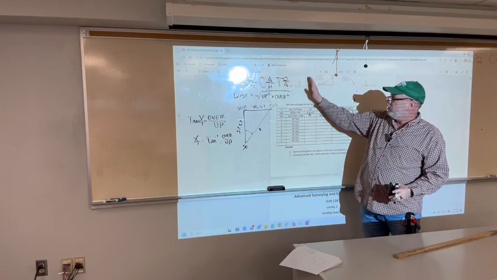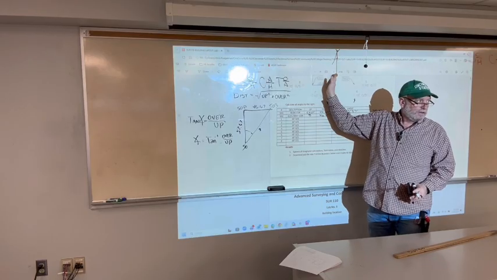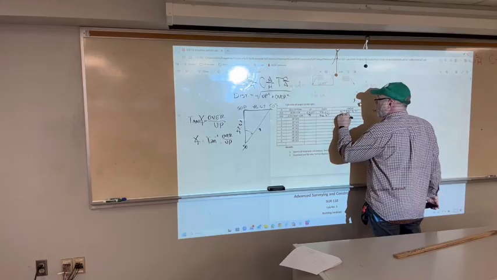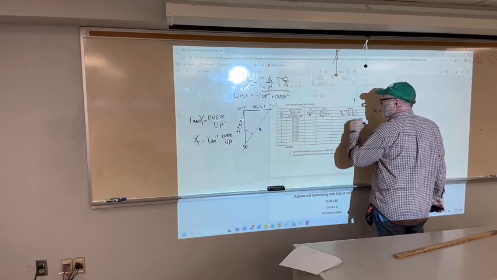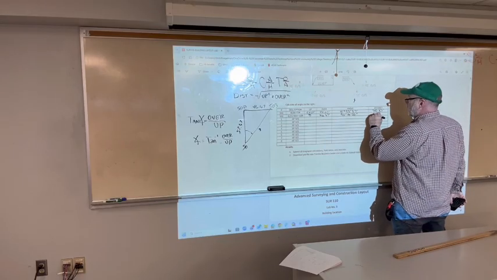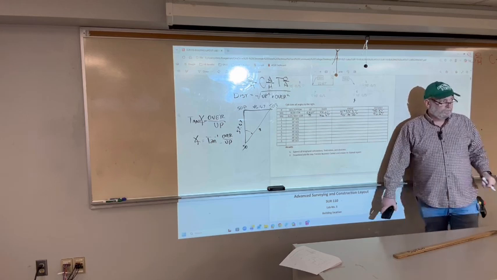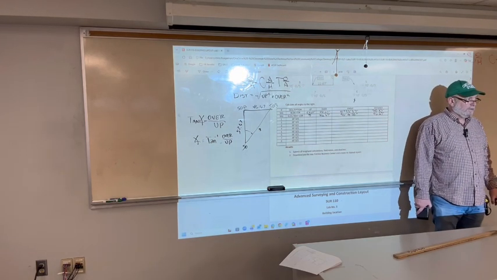If I'm sighting this long line, what am I going to turn to get to that line? 90, correct. And I'm going to go a distance of 46.67 feet. Any questions on any of that?